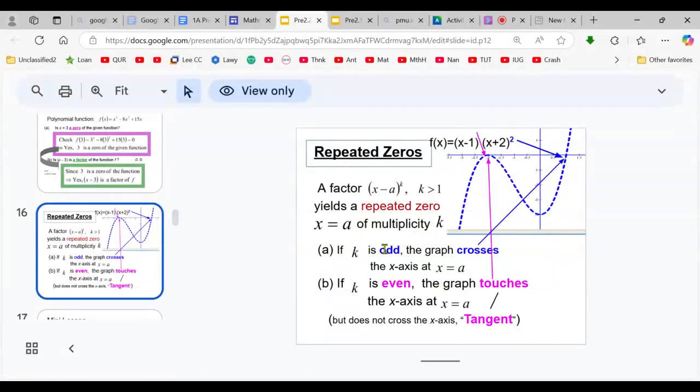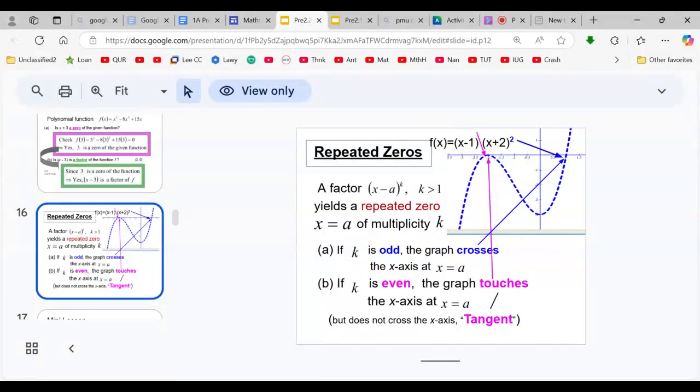If k is odd, the graph crosses the x-axis at x equals a. So repeat after me: if k is odd, the graph crosses. If k is even, the graph touches.